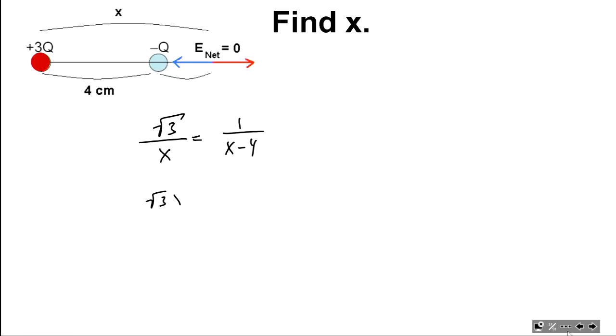Square root of 3 times x minus 4 times square root of 3 should be equal to x. Well, square root of 3 plus x equals 4 times square root of 3. And x will be equal to 4 times square root of 3 divided by square root of 3 plus 1.